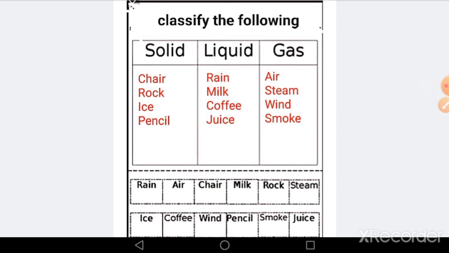Then rain, milk, coffee and juice are examples of liquids, because they have no fixed shape and can flow from one place to another, because the particles are not very closely packed. Then air, steam, wind and smoke are examples of gases, because they too have no fixed shape and they can occupy all the available space, because the particles are very loosely packed in gases.